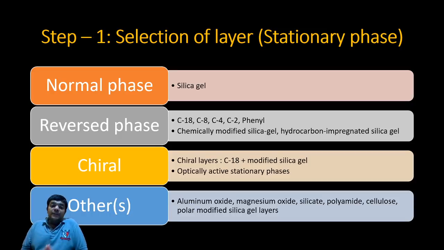Chiral stationary phase, C18 column plus modified silica gel. Sometimes you even use optically active stationary phase to separate the optically active isomers, and others that include aluminum oxide, magnesium oxide, silicate, polyamide, cellulose, polar modified silica gel layers, etc. So just see, you have a huge number of choices of stationary phase that you can use as an adsorbent in HPTLC.